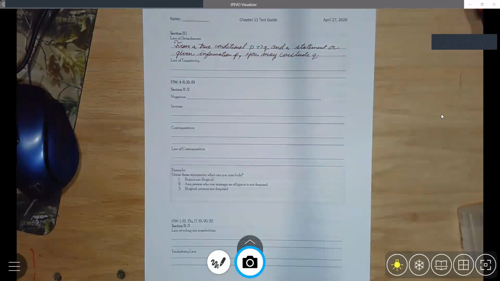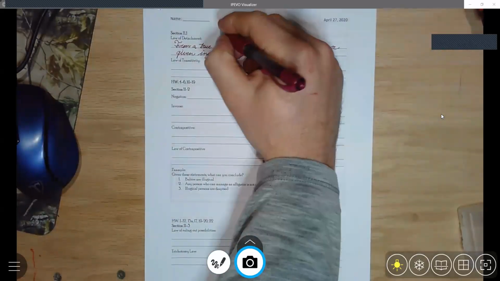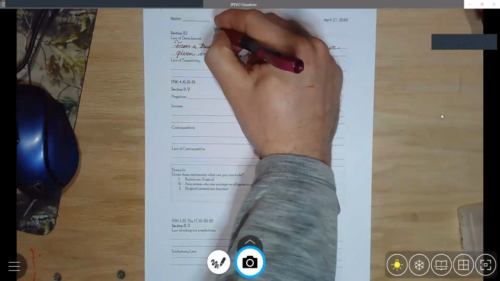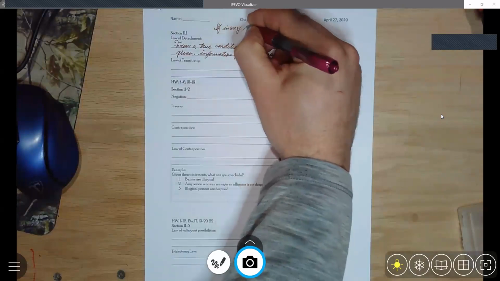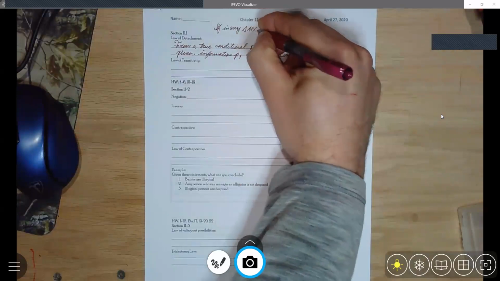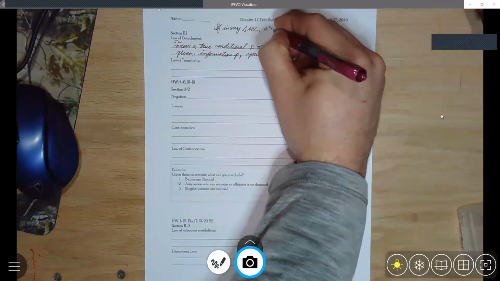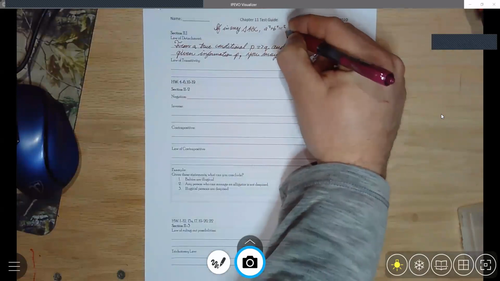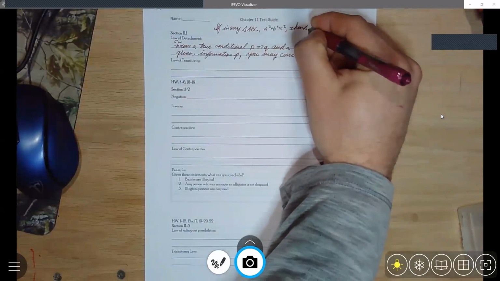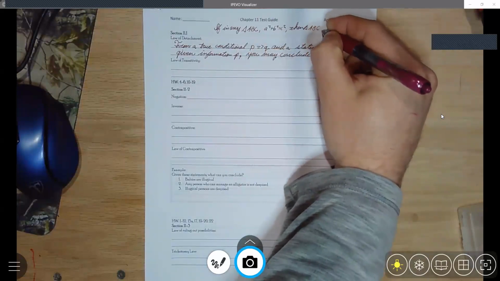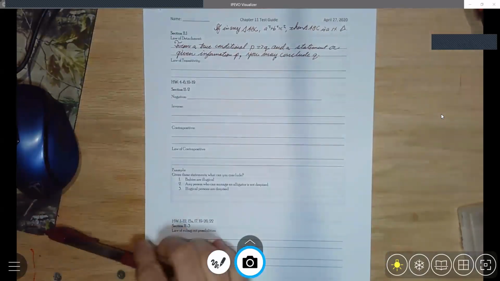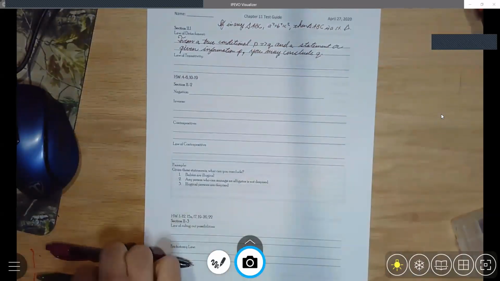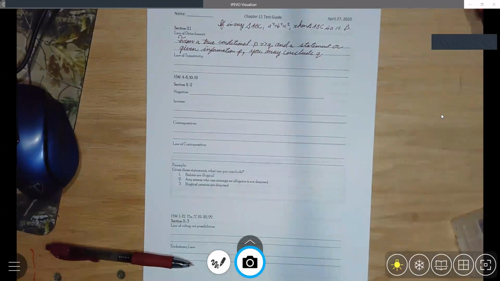So I'll give you an example of that. Let's take a true conditional that we covered recently. If in any triangle ABC, a squared plus b squared equals c squared, then triangle ABC is a right triangle. All right, the Pythagorean theorem. So that's a true conditional.